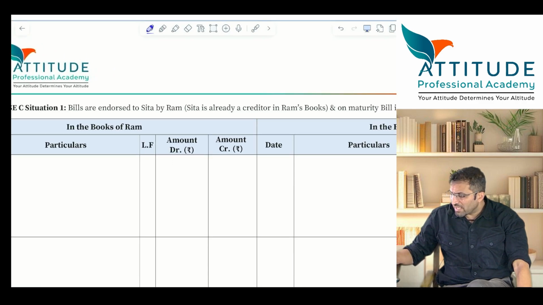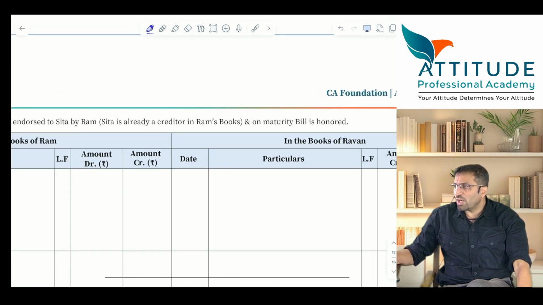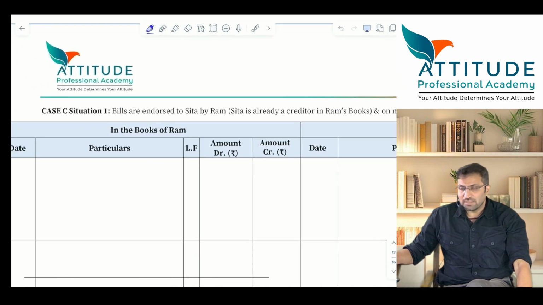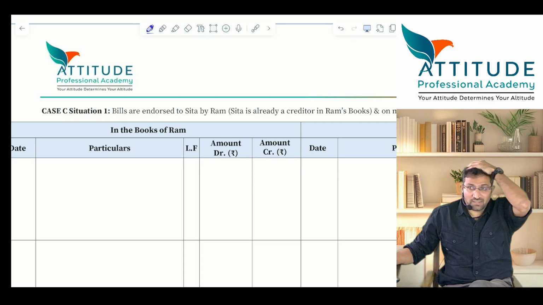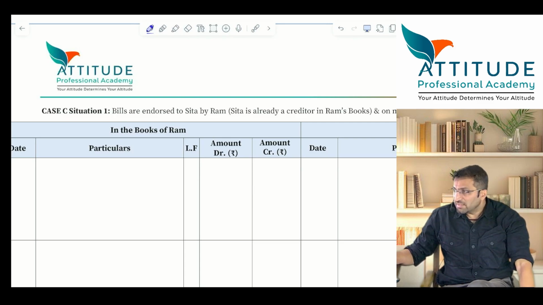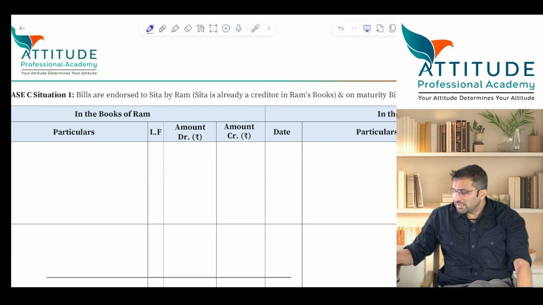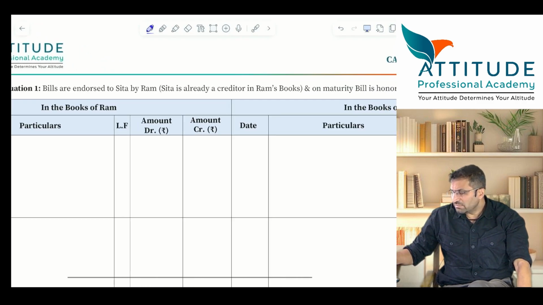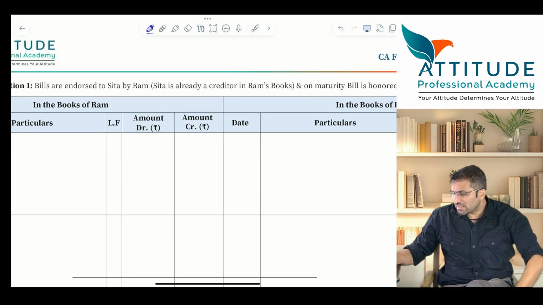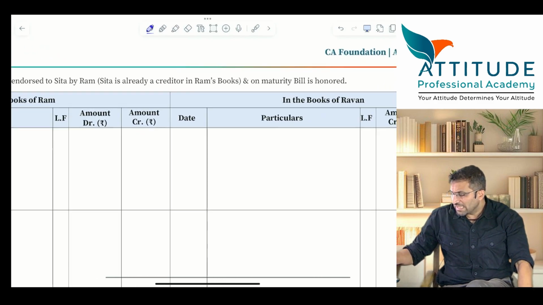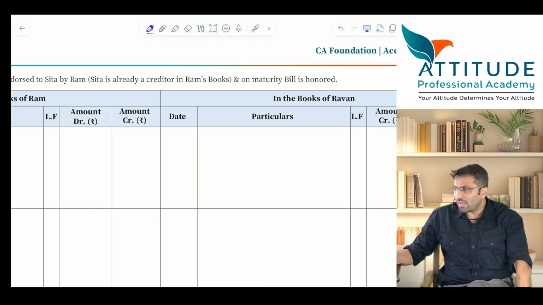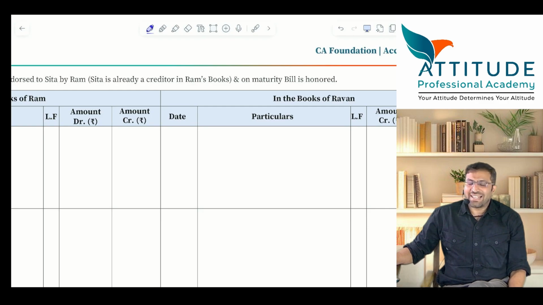Sita is already a creditor in Ram's books, and on maturity the bill is honored. Are you understanding the diagram? Visualize the diagram: there are 3, Ram, Ravan and Sita.